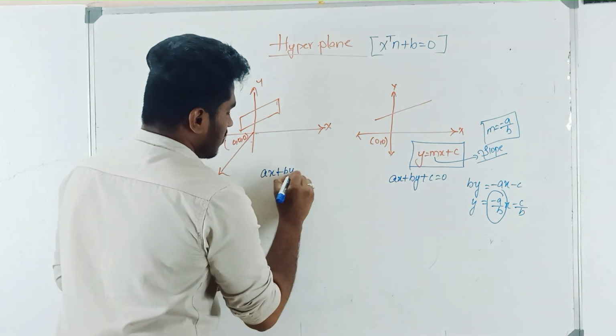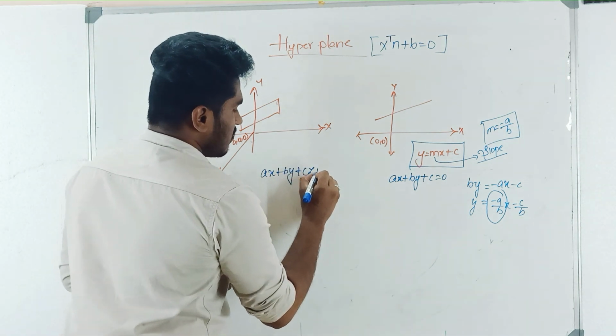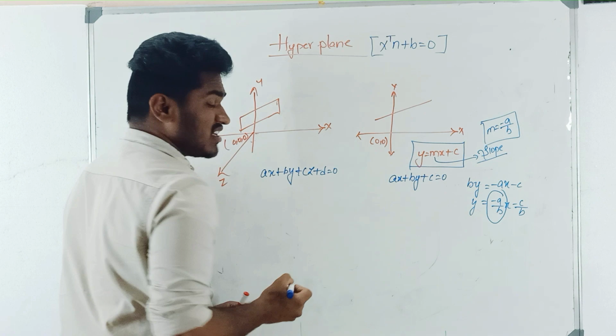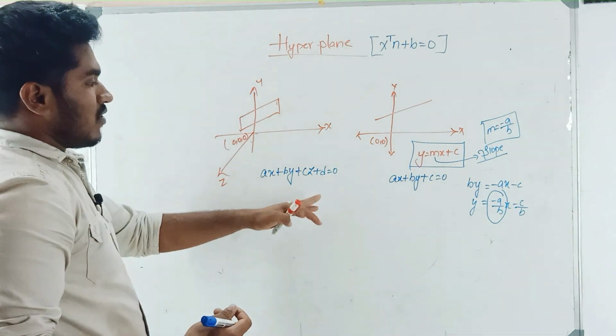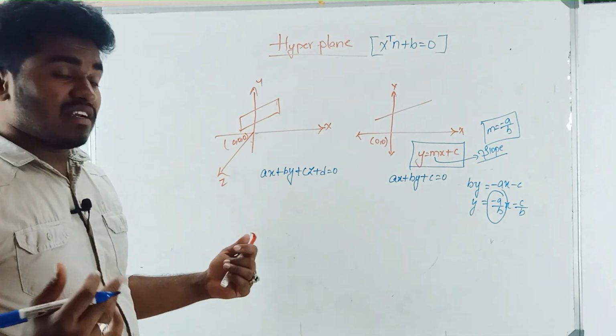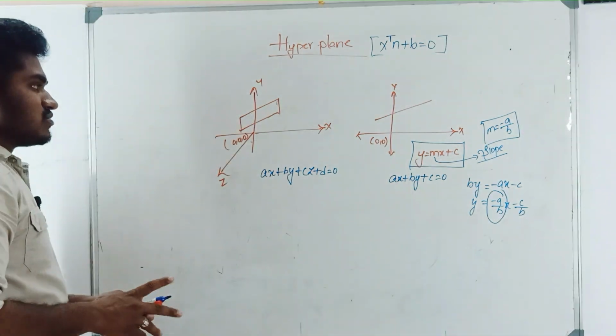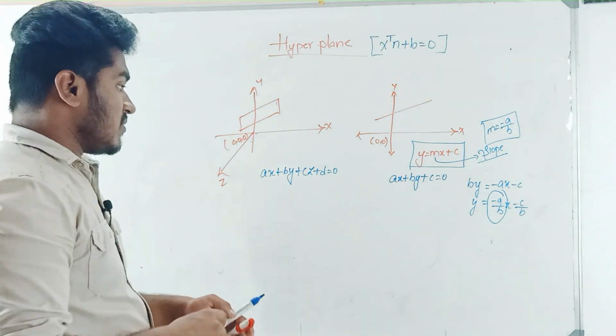plus by plus cz plus d equals 0, right? So this is the equation of the plane in 3D geometry. What about n dimensions? Assume that we have n number of dimensions.